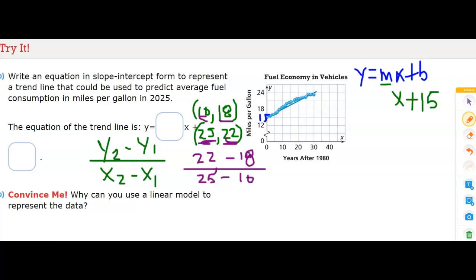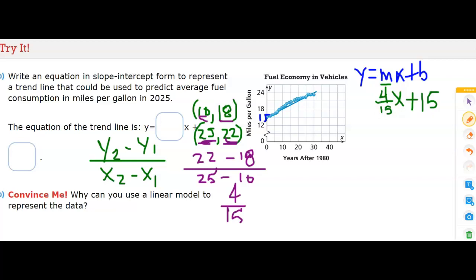Then you subtract: 22 minus 18, 25 minus 10. Once I subtract, I get 4 over 15. So now my slope is 4 over 15, because that fraction cannot be simplified.